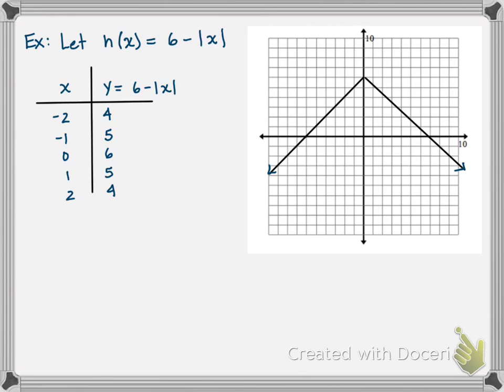So the absolute value function is always 2 straight lines put together into a V or an A shape. And like I said earlier, it's the only graph that has straight lines in it that is not itself a line. So every other graph that you draw is going to be a smooth curve, like I said.